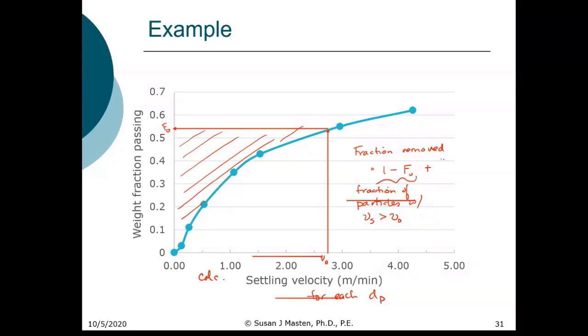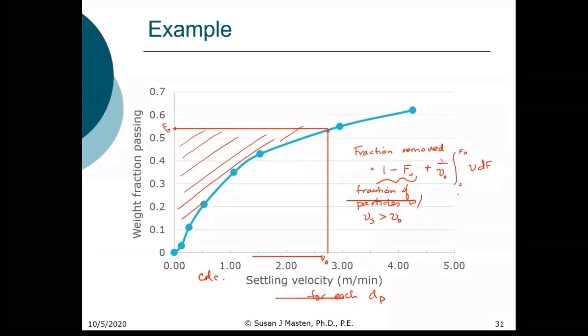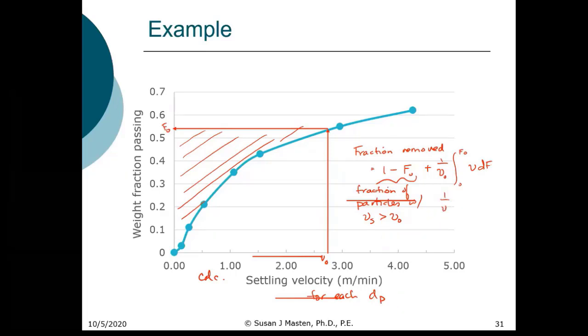Plus 1 over V naught times the integral from 0 to F naught of V dF, and we can estimate this as 1 over V naught, the summation of V sub s dF. I'll show it to you in a bit, but for instance, we can estimate this here as the area of this triangle.